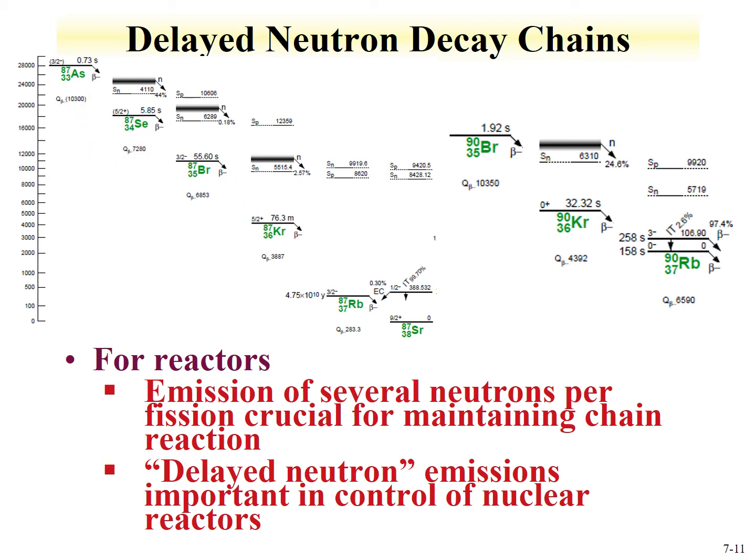And as we mentioned in the previous slide, these delayed neutrons are important for maintaining chain reaction control in a reactor due to this half-life component. Though 2 seconds may not seem like a very long half-life, that emission of the neutron is much longer and it's delayed compared to the prompt from the fission process.